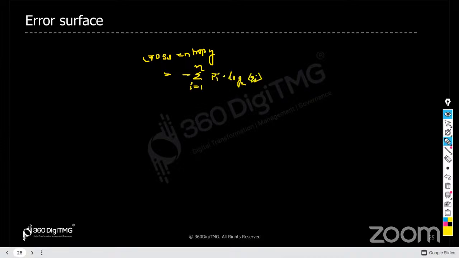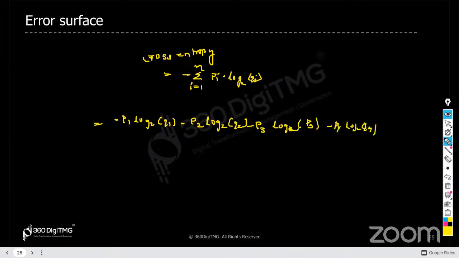Now with 4 classes, the formula is minus p1 log2 q1, minus p2 log2 q2, minus p3 log2 q3, minus p4 log2 q4.